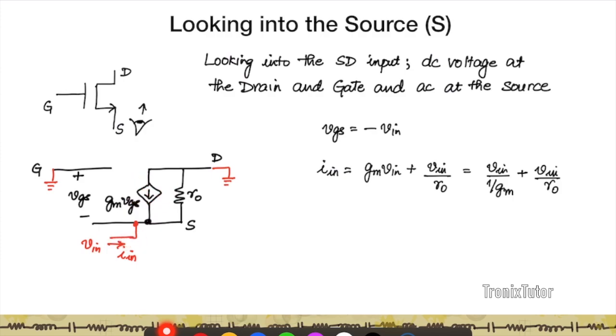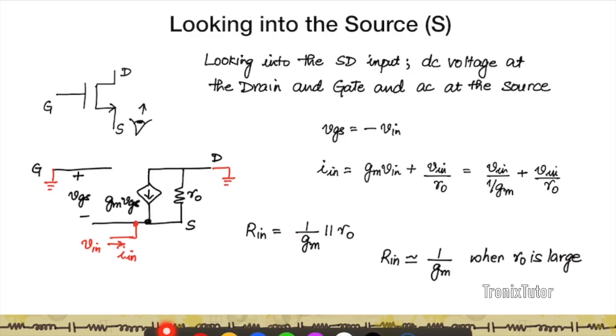The gm VGS current source points upwards. So we have gm times Vin flowing upwards and then an R0. In other words, I can write my Iin as Vin over 1/gm plus Vin over R0. In other words, the input resistance looks like a parallel combination of R0 and 1/gm. Typically, in most cases, R0 is a large number and 1/gm is a small number, so sometimes we approximate it as 1/gm.